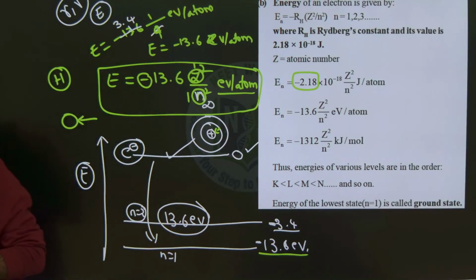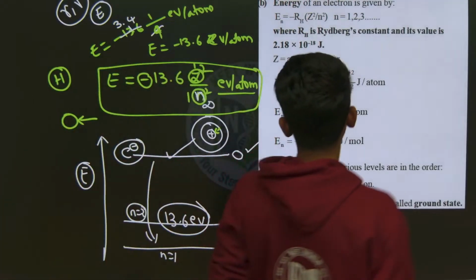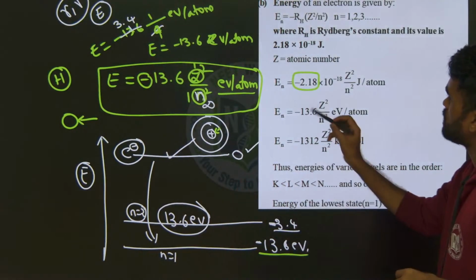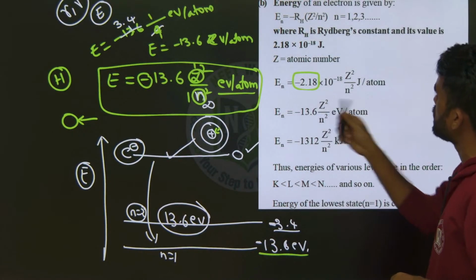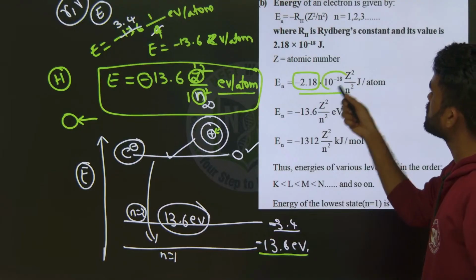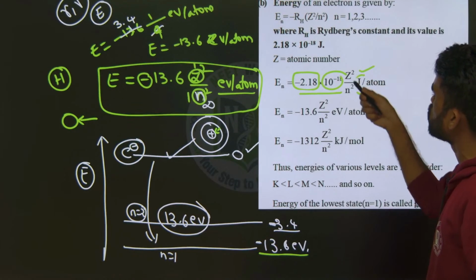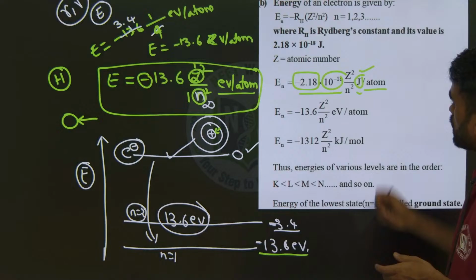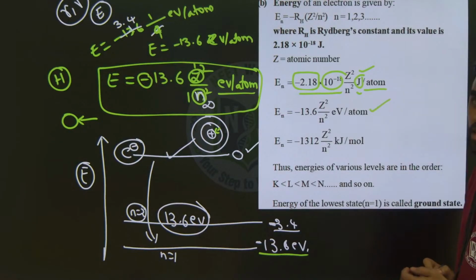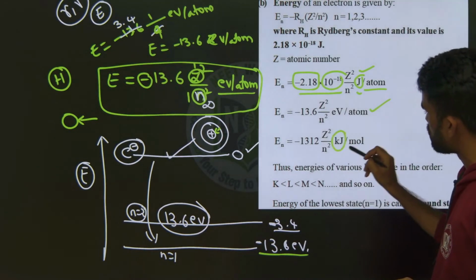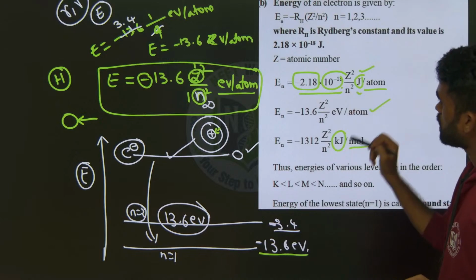Let me discuss further here. So what are the formulas we have? Energy means minus 2.18 into 10 power minus 18 Z square by n square joule per atom. Okay, and this is in electron volt per atom. Here you can say kilojoule per mole; it is per atom, it is per mole.